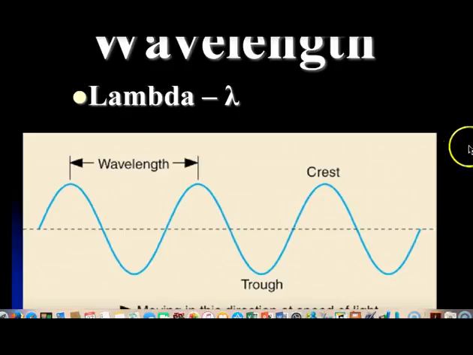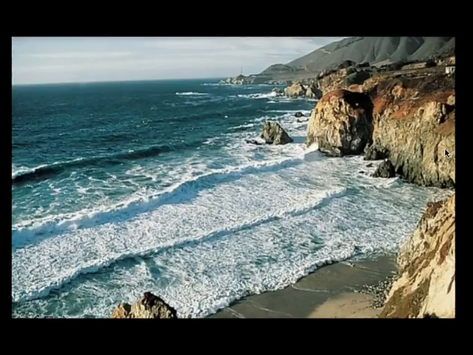Now, the other thing that we can define is how long it takes to go from one crest to another or one trough to another. How I describe it is, imagine you're over here on this little island, and I ask the question, when will I get wet again? Namely, when will the crest come over and get me wet or the wave break?